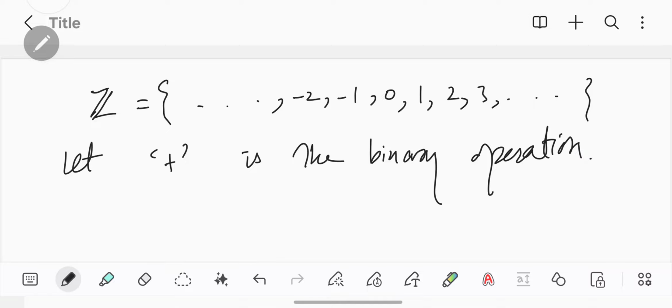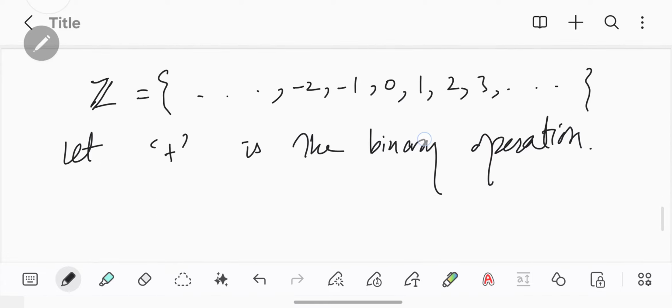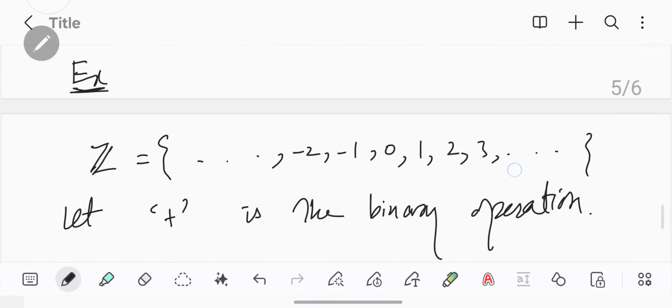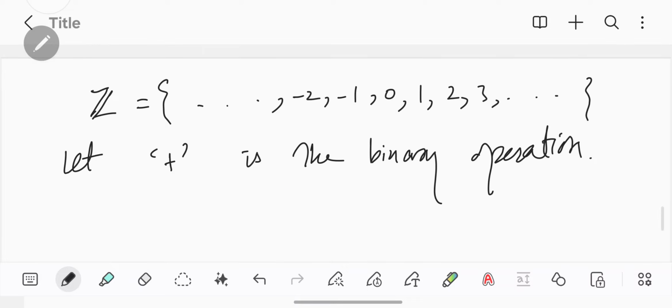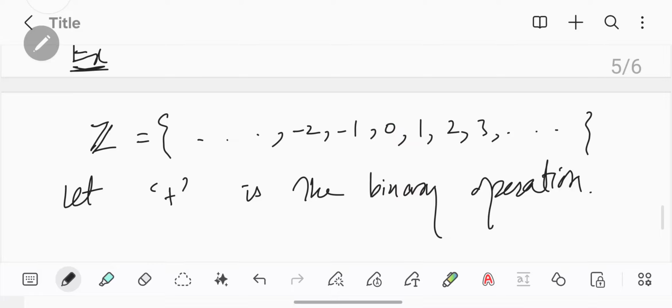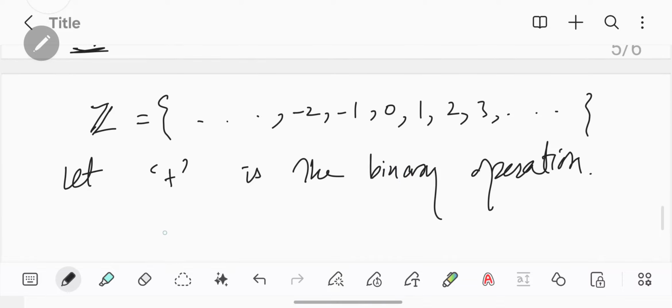Okay, if we have decided a binary operation, now we have to find its identity. What is the element inside this set such that if you add, because the binary operation is addition, that element with anyone, you will get no change? Can you check it? The obvious answer is 0, because if you add 0, for example, with 3, you will get 3 plus 0, which is 3.